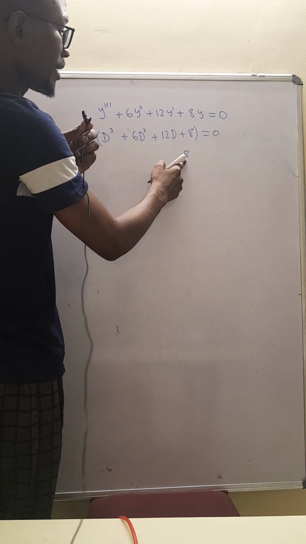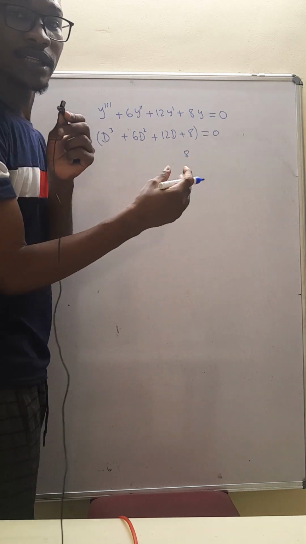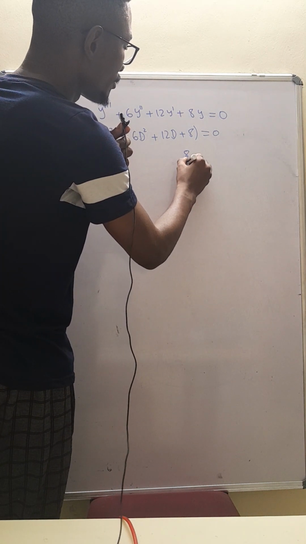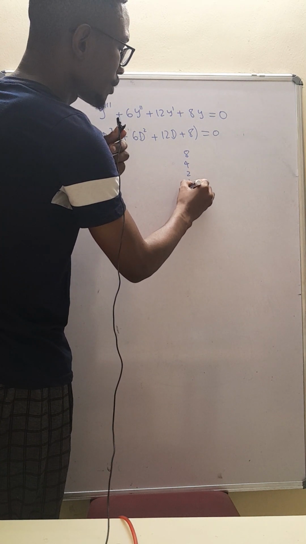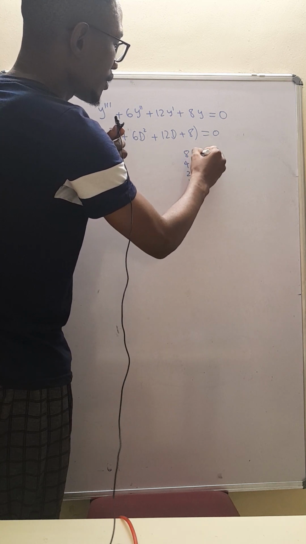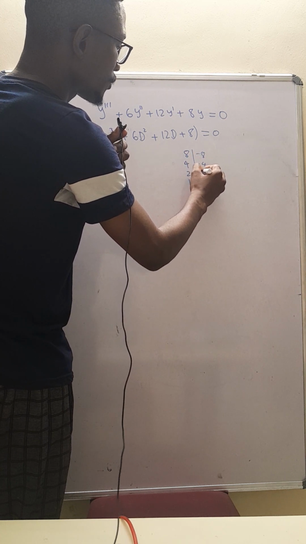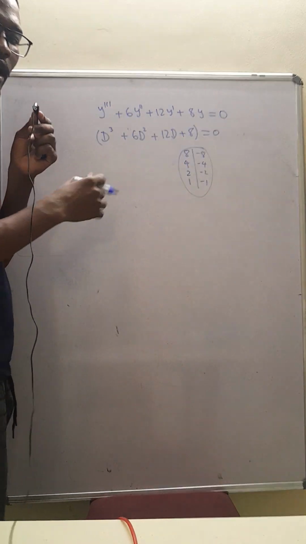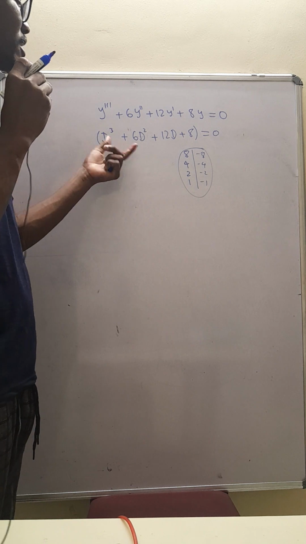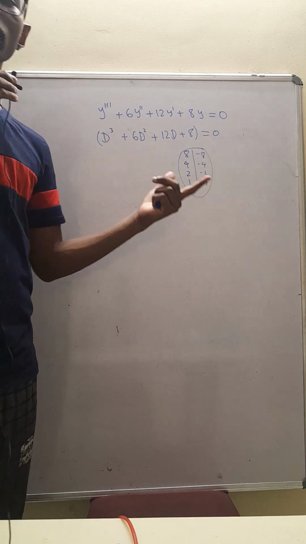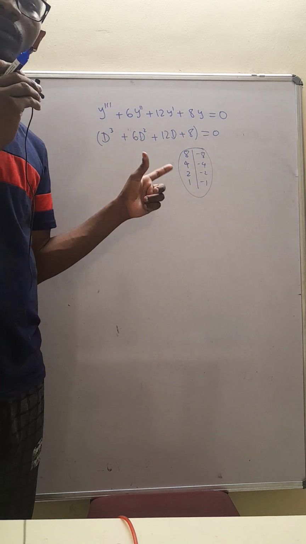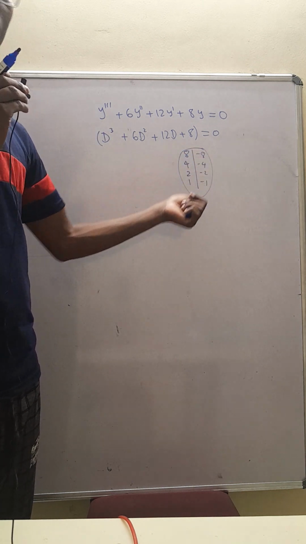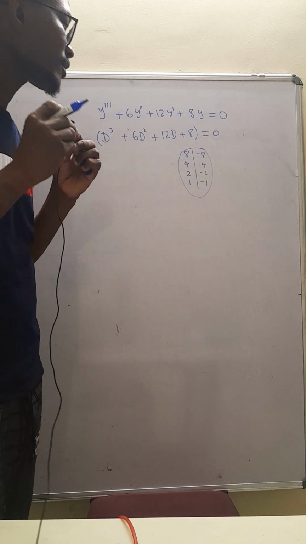One of these roots can be 8, or a number that divides 8, like 4, 2, 1, and also their negative pairs: minus 4, minus 2, minus 1. So if this equation has a real solution, it must be one of these.